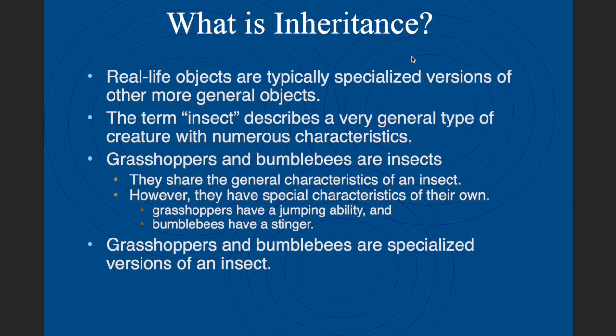For example, grasshoppers and bumblebees are insects. They share the general characteristics of an insect. However, they have special characteristics of their own. For example, grasshoppers have a jumping ability, and bumblebees have a stinger. So, grasshoppers and bumblebees are specialized versions of an insect.